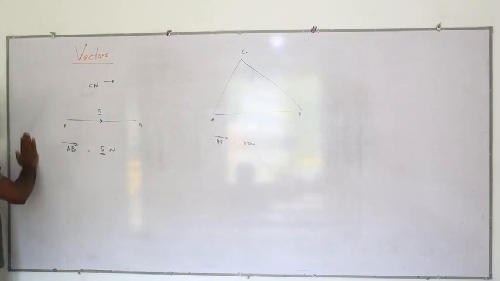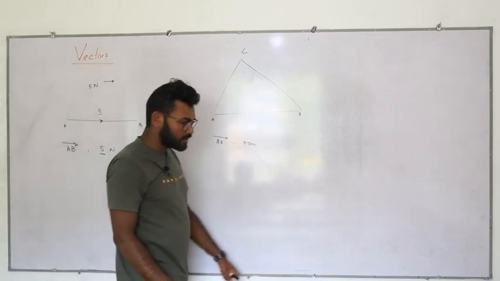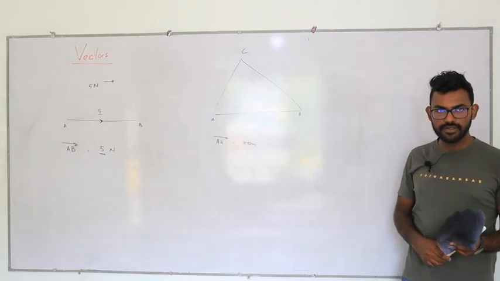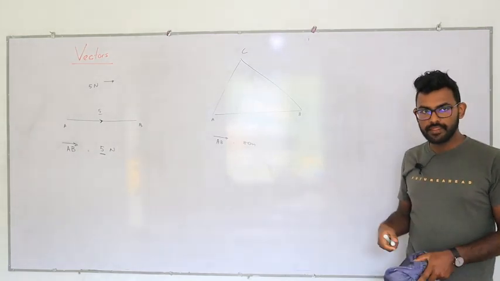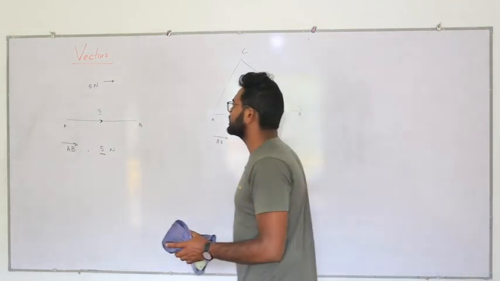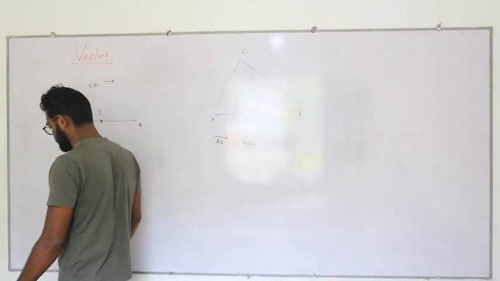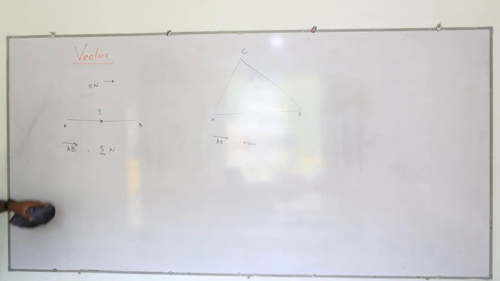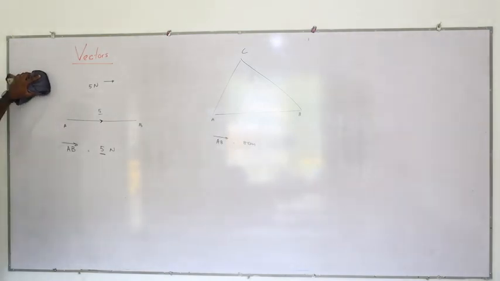So we just write like this. When representing a 5 Newton vector, put a comma, and you can just draw this.